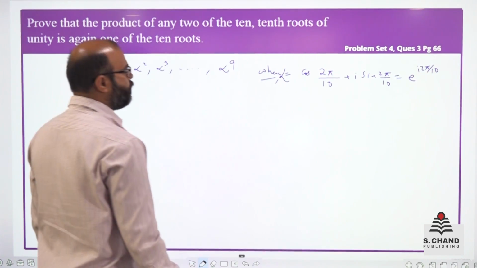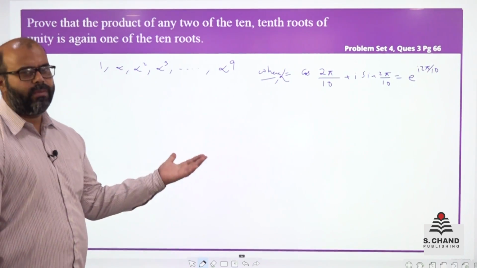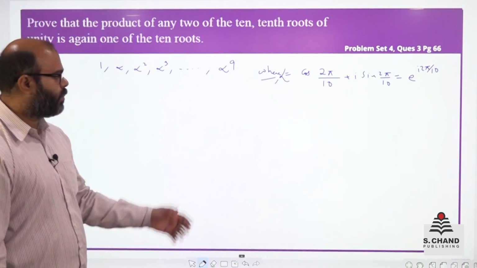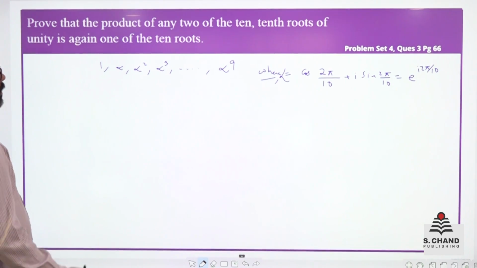This is alpha. Similarly, alpha square will be 4 pi by 10, then 6 pi by 10, and so on till 18 pi by 10.